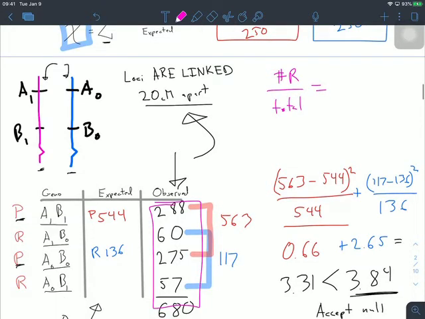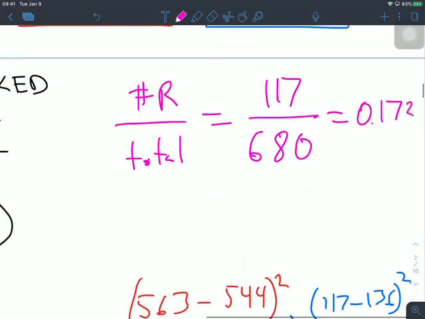In this case, our total number of recombinants was 117, and our total number of progeny was 680. 117 divided by 680 gives you 0.172, or a distance of 17.2 centimorgans.